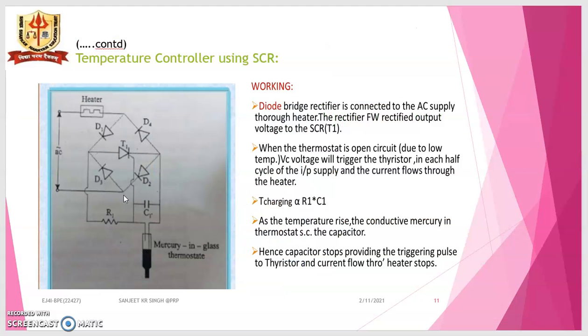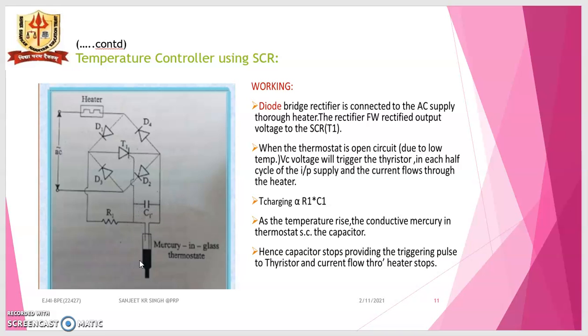How is it working? The diode bridge is connected to the AC supply through the heater. The full wave rectified output voltage is available to the SCR thyristor T1 here.